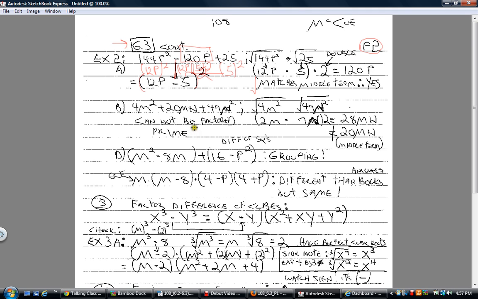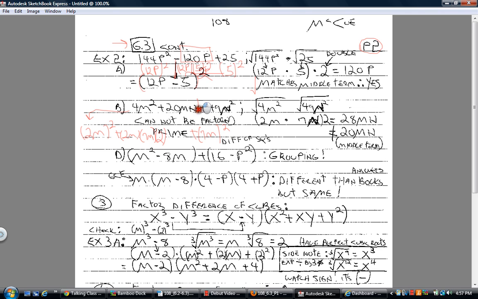Now, what happens if you don't get that matching of the middle term? Here's an example to look at. Can you take the square root of the first term? You say yes. Can you take the square root of 49m squared? You're going to say 7m quantity squared. Now the question is, can you take 2m times 7m, double it?